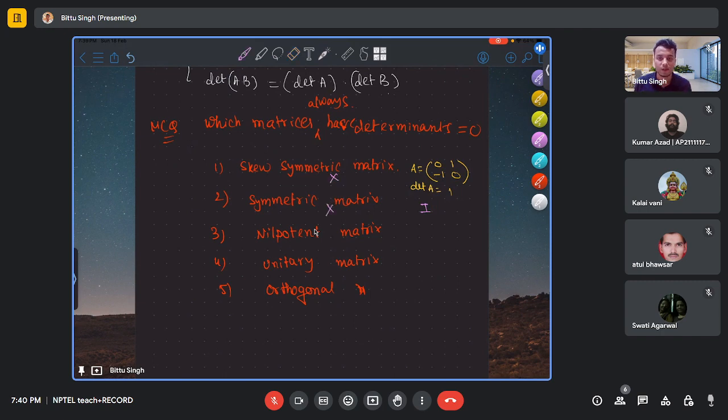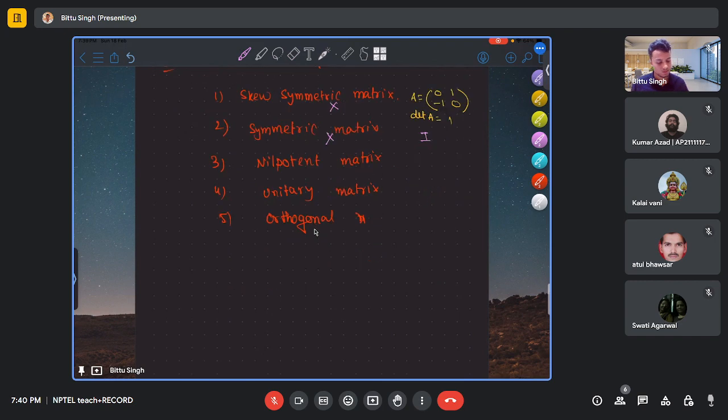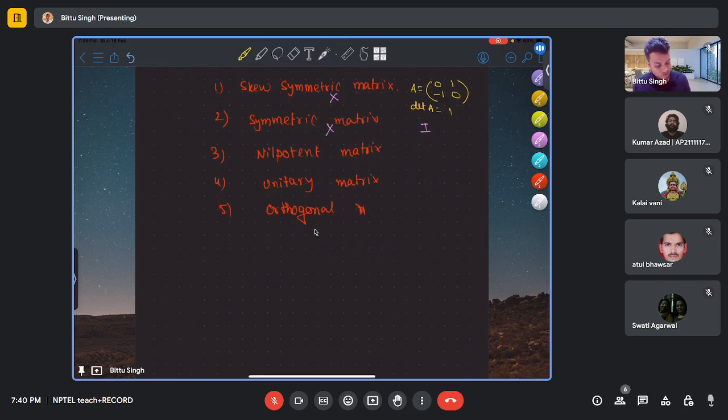Now what about the determinant of a nilpotent matrix? Nilpotent matrices are such matrices for which A to the power k is 0 for some k. Now, if you apply determinant on both sides, then determinant of A to the power k is same as determinant of 0, but 0 has determinant 0.